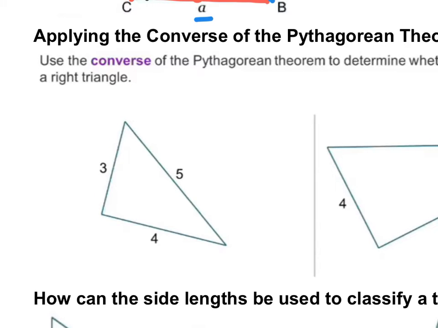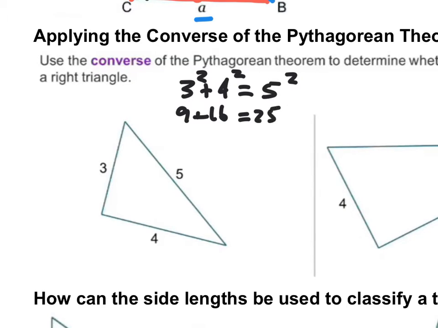Take your two shorter sides: 3 squared plus 4 squared, is that equal to the longest side, 5 squared? So 9 plus 16, is that equal to 25? You get 25 equals 25, and that's true.